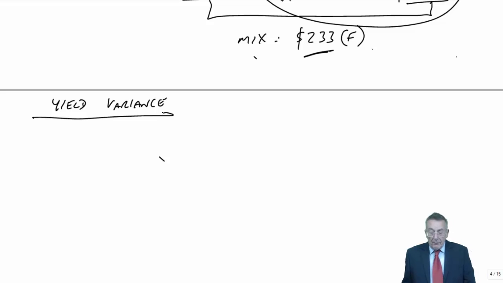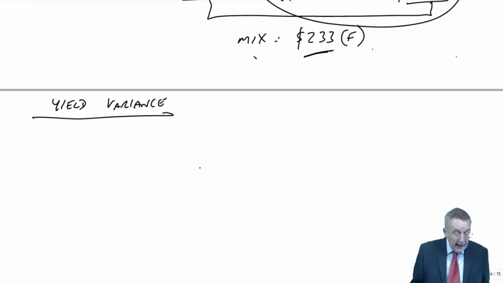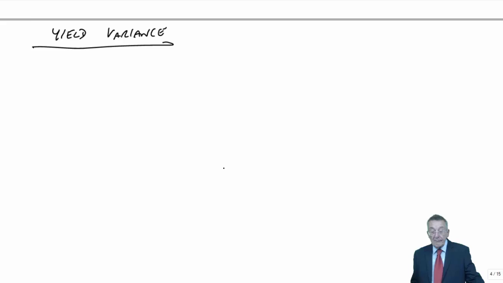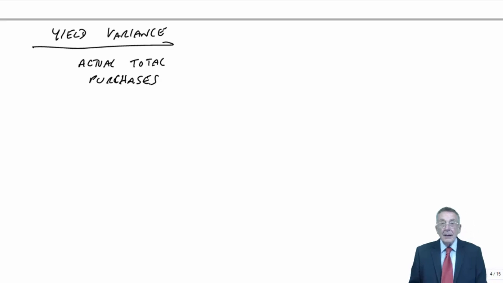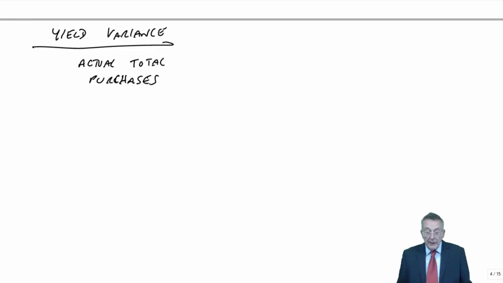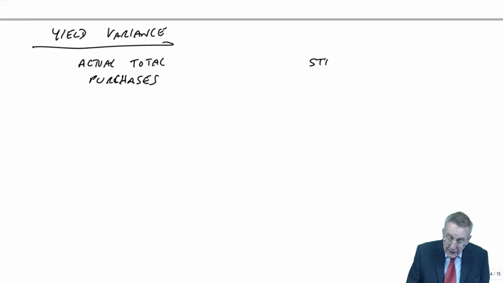And what we do is this. Again, I'm going to do columns, so let me head them up and see the logic and then learn it. First of all, we take the actual total purchases and we're going to compare it with the standard total purchases for the actual production.